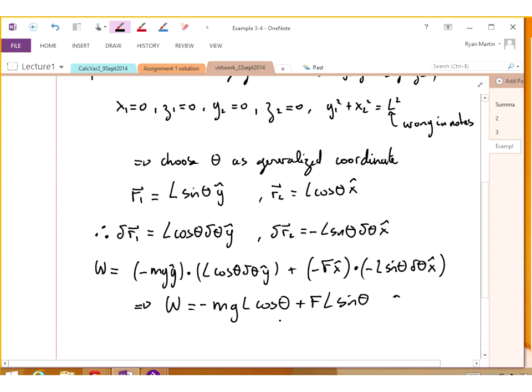And here again, if we set this equal to 0, we can also cancel the L's, and you can find that the force F is mg cotan of theta.